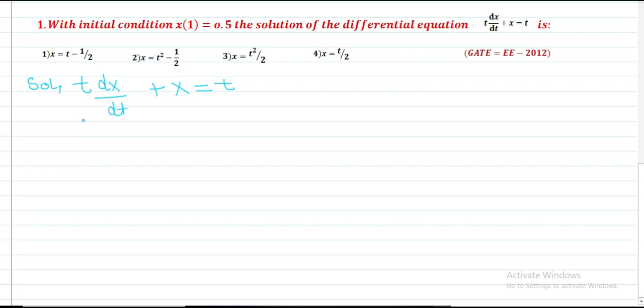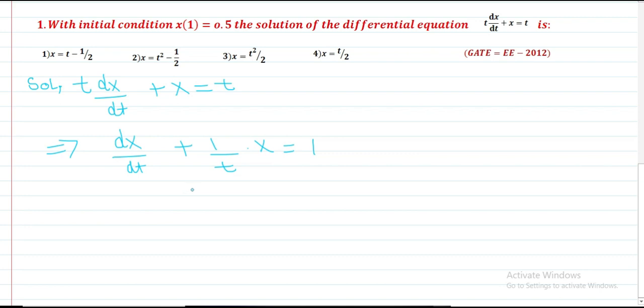Therefore we take t common and we can write it as dx/dt + (1/t) x = t/t, that's 1. Right, now this is in general form.